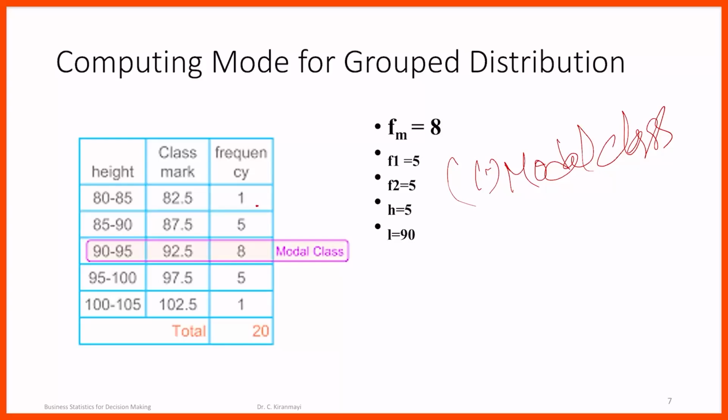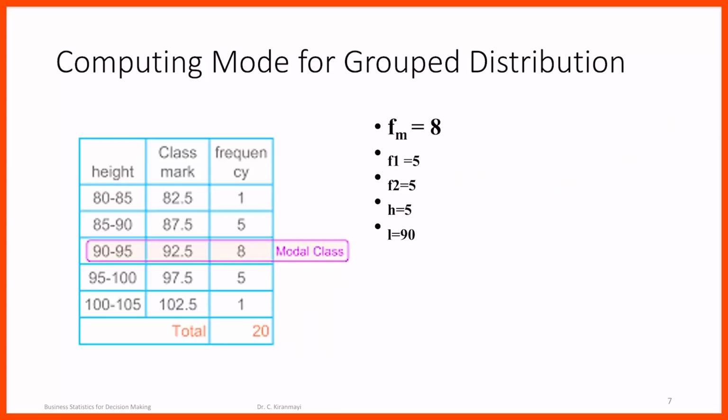And 8 represents that 8 students scored 92.5 marks. This is how we can interpret this grouped distribution. We know that mode is the value which repeats the maximum number of times. Here the highest frequency is 8, that is, 92.5 is the mark scored by the majority of the students. Therefore, this will be the modal class.